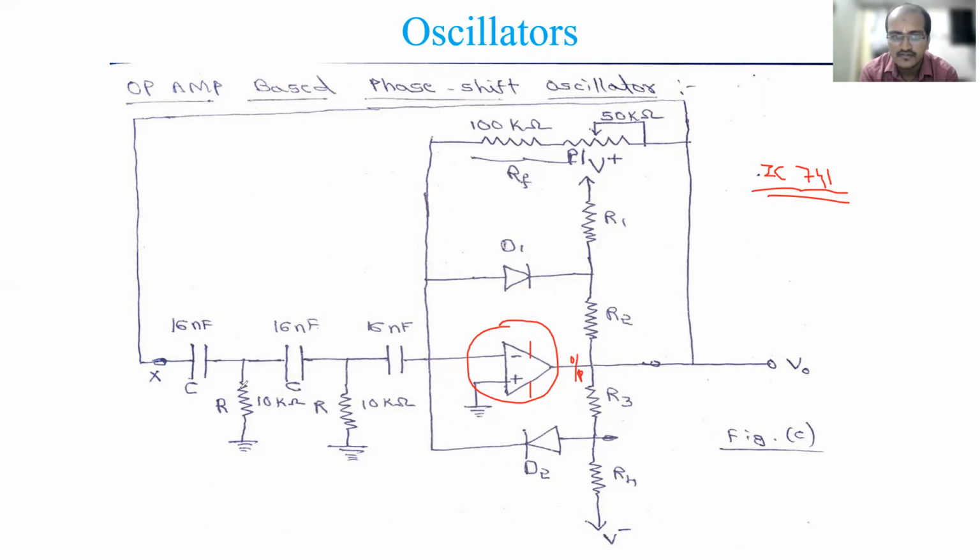In some cases one R may be missed or eliminated, because it may reduce the 180-degree phase shift. That is why compulsorily we should have 3 RC sections. The amplifier may have internal resistance at the input, so there is a chance that load gets added to that. So here in the next section I have not taken an R, meaning it has some internal resistance at the input.